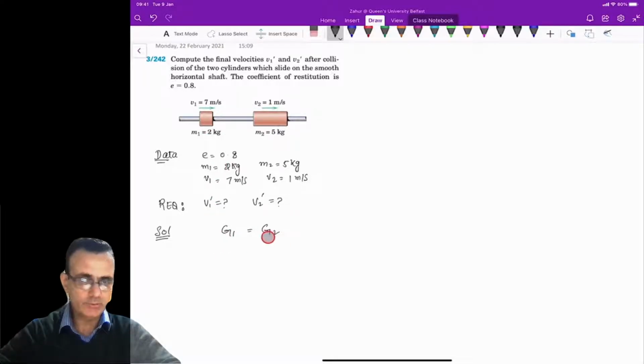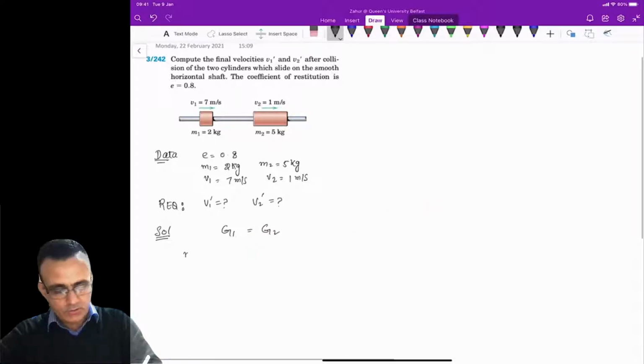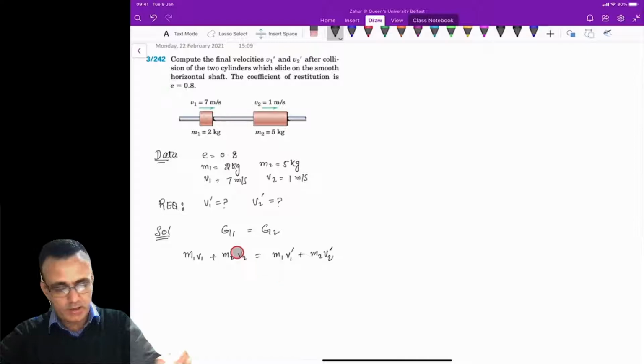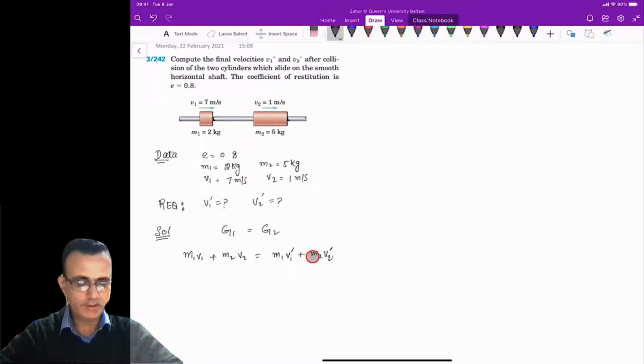So we will apply the law of conservation of momentum here. So in this case, it will be m1 v1 plus m2 v2 equal to m1 v1 dash plus m2 v2 dash. So this is before impact and this is after impact.